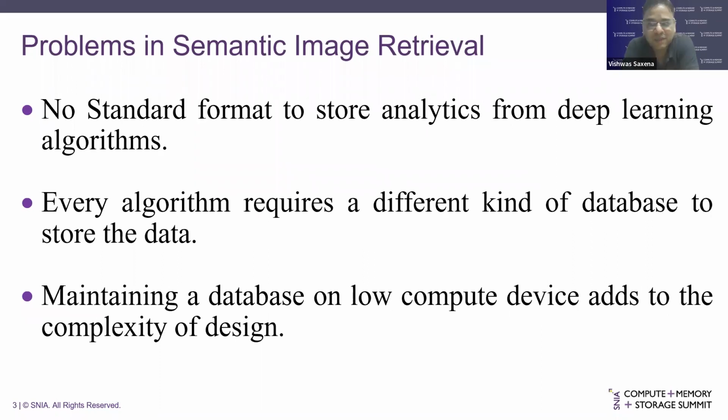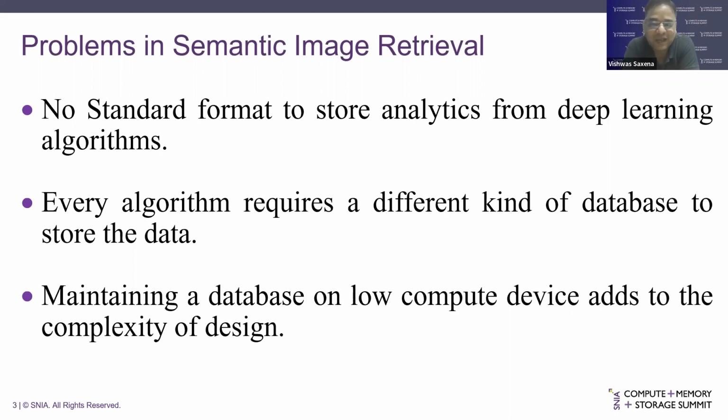So let's talk about the problems in semantic image retrieval that we discussed in the previous slide. There's actually no standard format to store analytics from deep learning algorithms. Every algorithm requires a different kind of database to store the data. And maintaining a database on a low compute device really adds to the complexity of design.